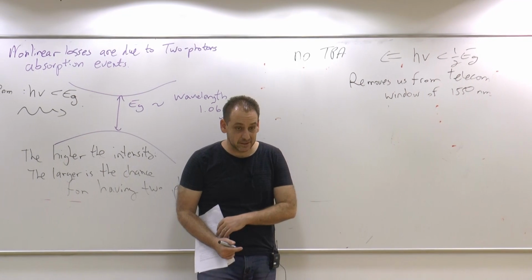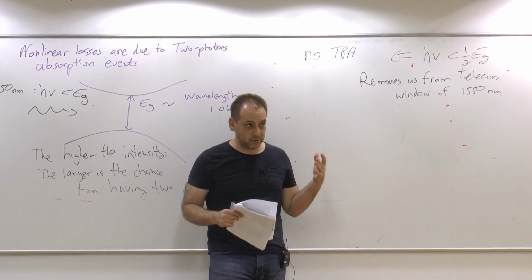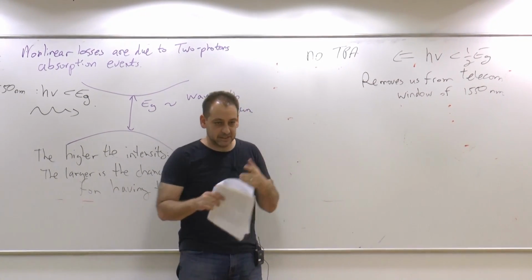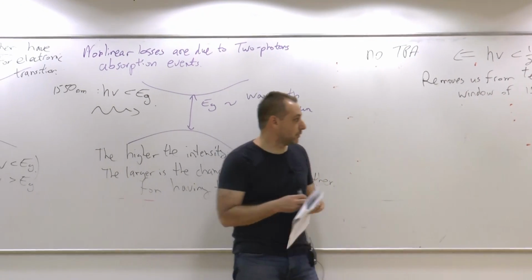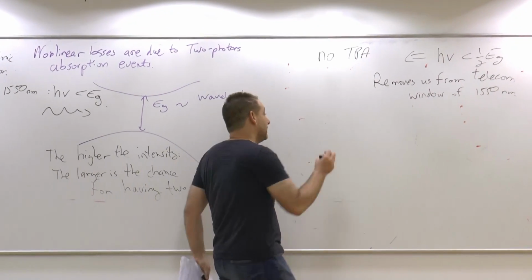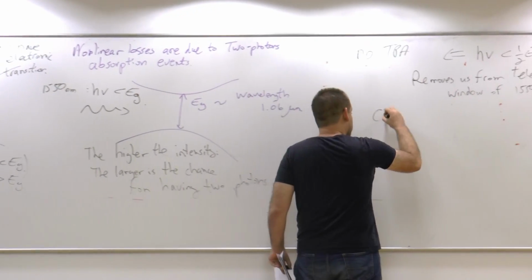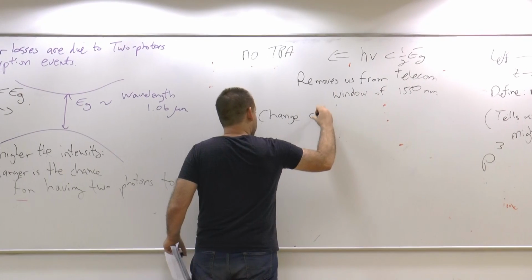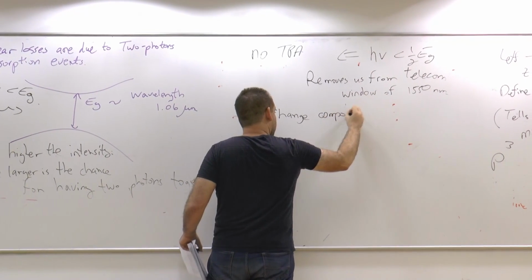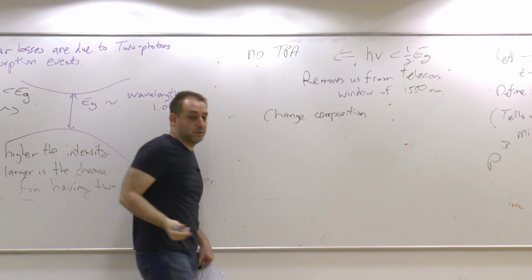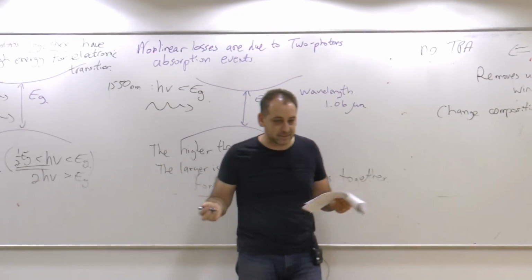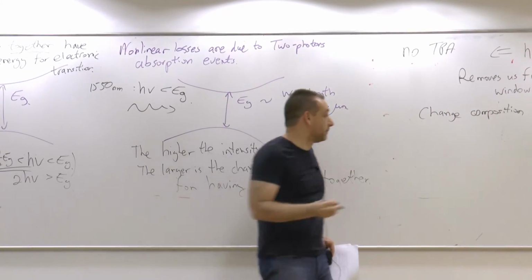If we have no choice, we may want to move from silicon to something else. So, as a last resort, in some cases involving nonlinear processing, we actually change composition. We could go to silica, for instance, but this will be a little bit too far out.